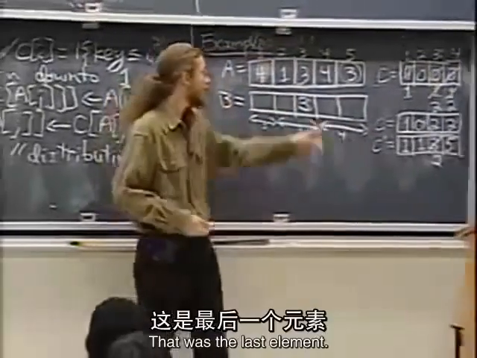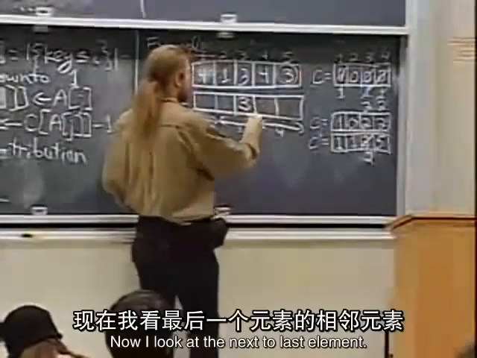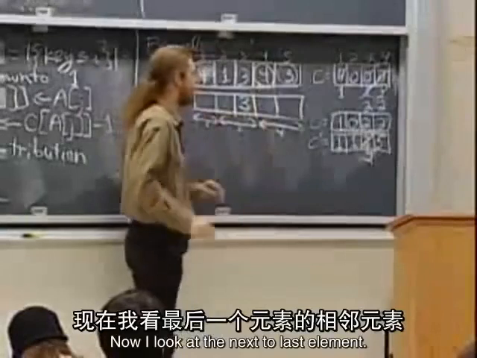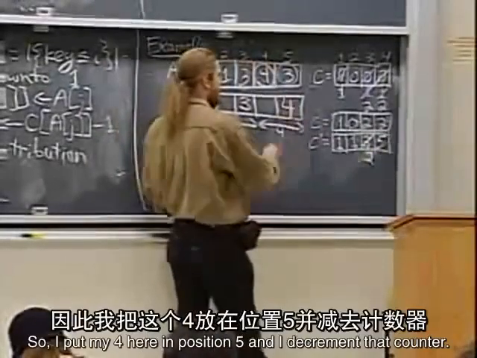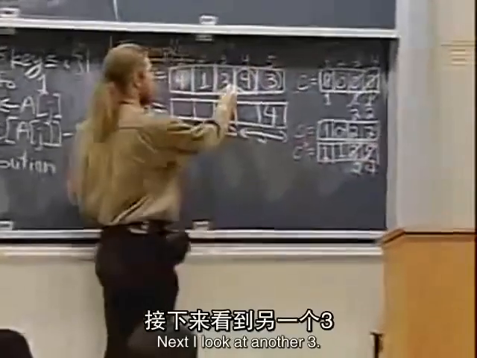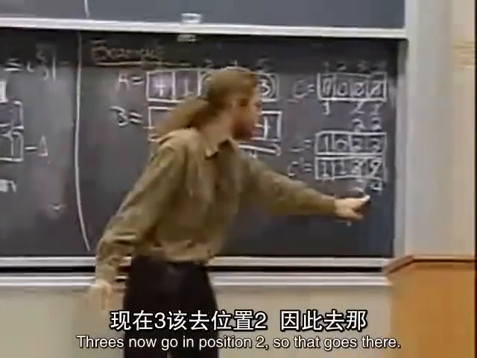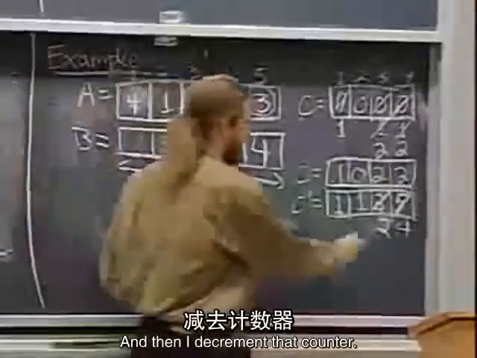So that was the last element, so I won't cross it off, but we've sort of done that. Now I look at the next to last element. That's a 4. 4s go in position 5, so I put my 4 here in position 5, and I decrement that counter. Next I look at another 3. 3s now go in position 2, so that goes here, and then I decrement that counter.